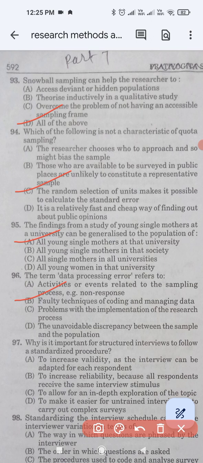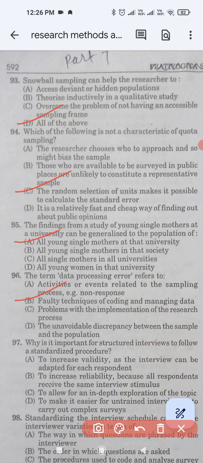Now question number 97. Why is it important for structured interviews to follow a standardized procedure? Option A, to increase validity as the interview can be adapted for each respondent. Option B, to increase reliability because all respondents receive the same interview stimulus. Option C, to allow for an in-depth exploration of the topic.